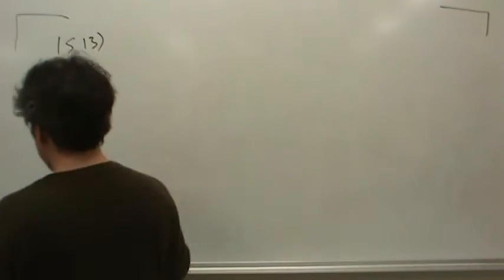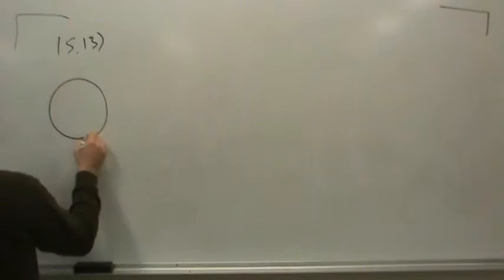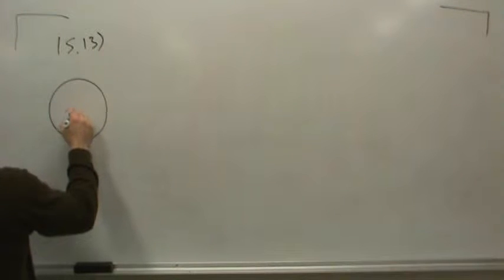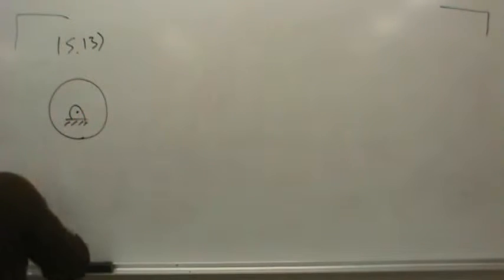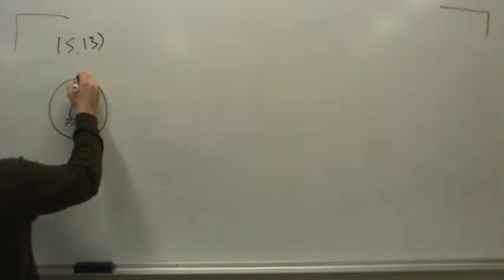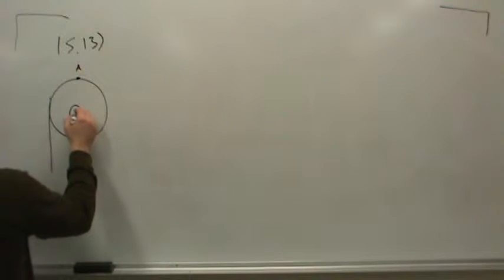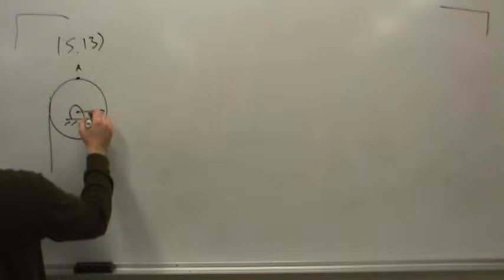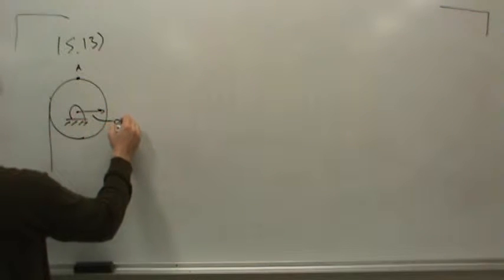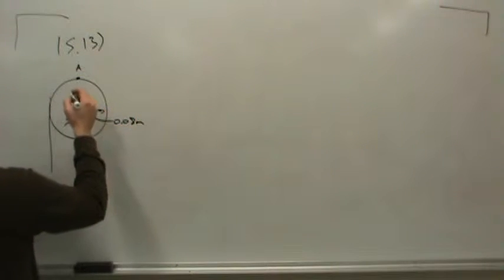That's a lot of points. Let's draw them. Figure out what's going on here. Point A is up here at the top of the wheel. And the radius here is 0.08 meters.